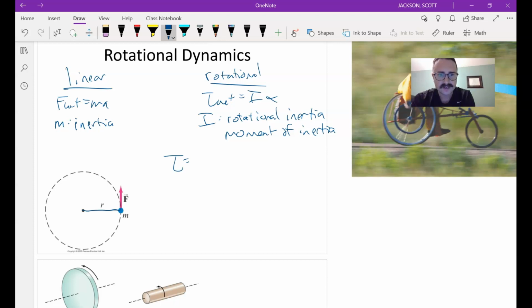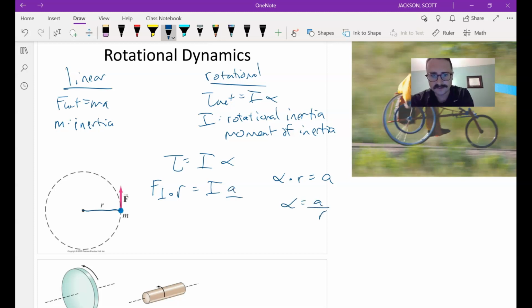So torque net equals I alpha. On this one, remember torque is force perpendicular to R, and this equals I alpha. Then we could merge together alpha times R, or angular times R, equals linear. So then alpha would equal A over R. So what I'm doing here is I'm trying to find I in linear terms that we've seen before.